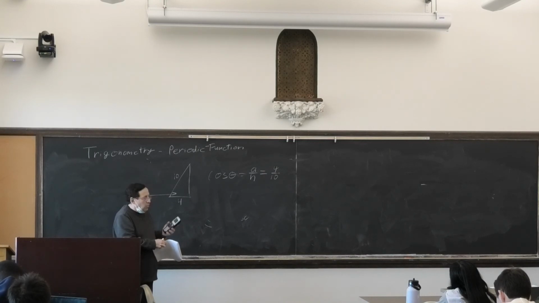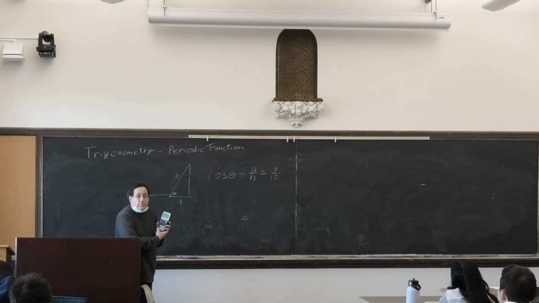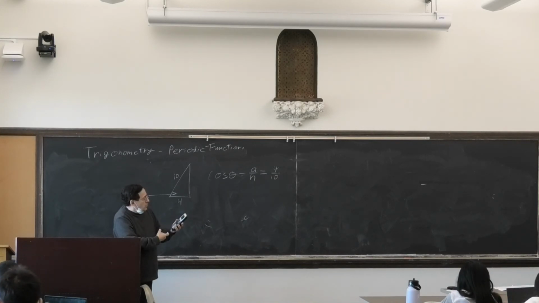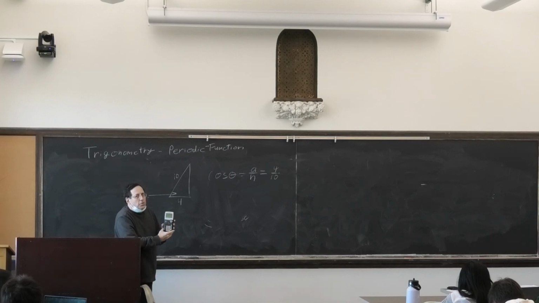And I get 1.15. And why did I get 1.15? It's the wrong answer. Don't know why. Anyone get 1.15? What did you get? Tell me. Somebody must have done this. Cosine inverse 4 over 10. What did I do wrong? I think I told you a minute ago.